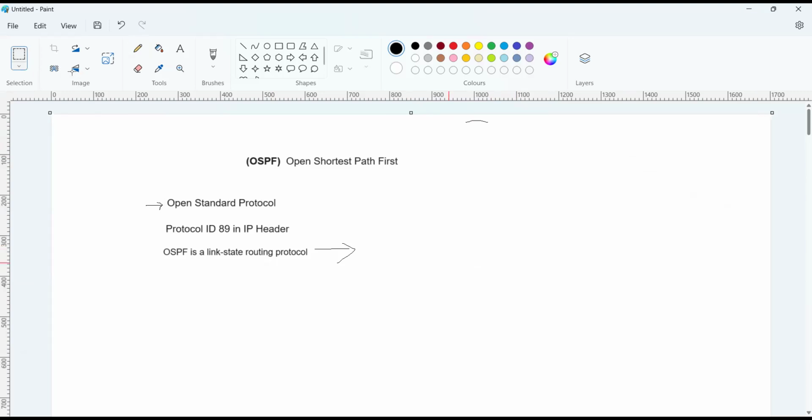In link state routing protocols, there is a router and one more router and one more router.